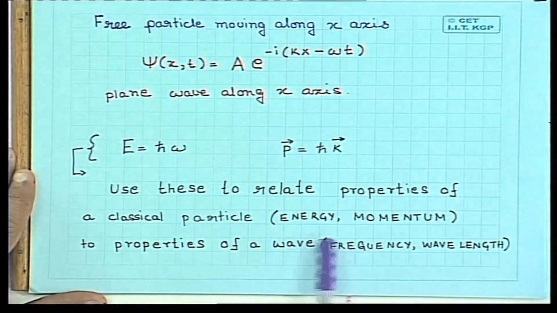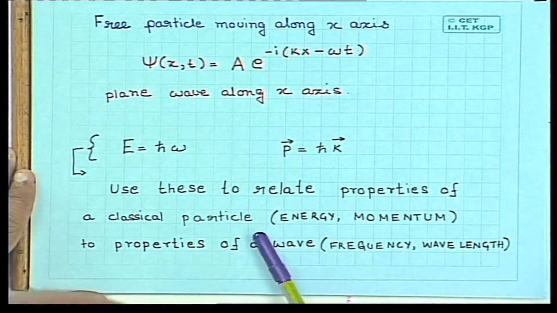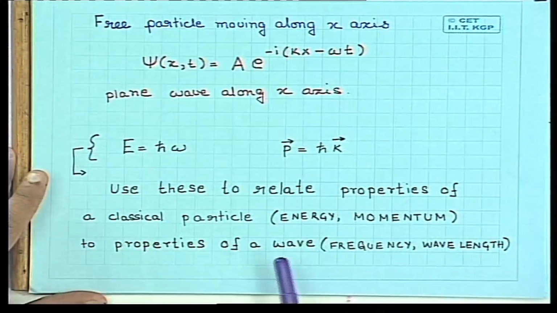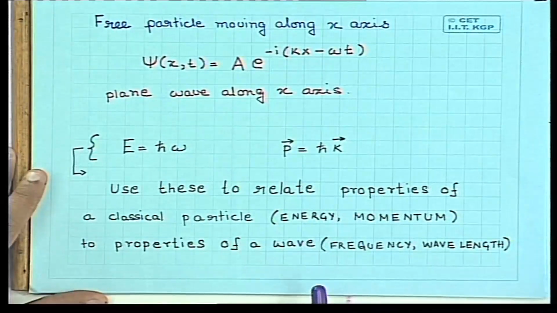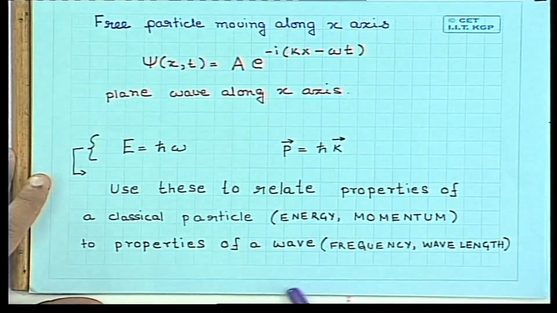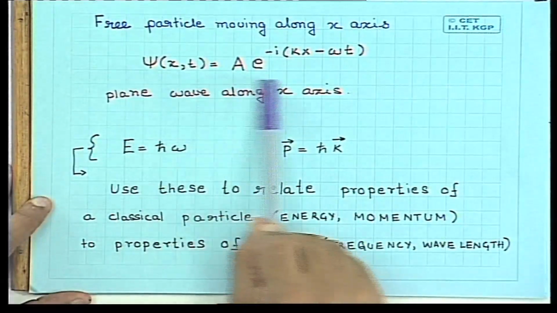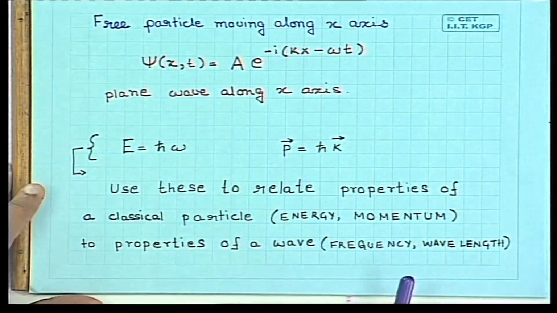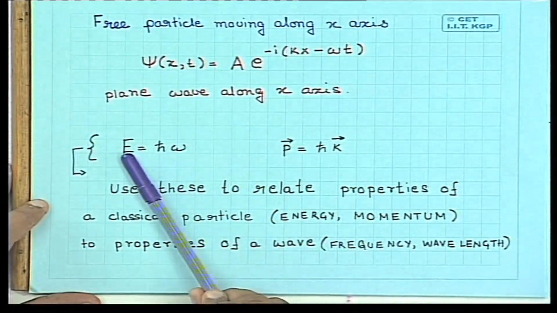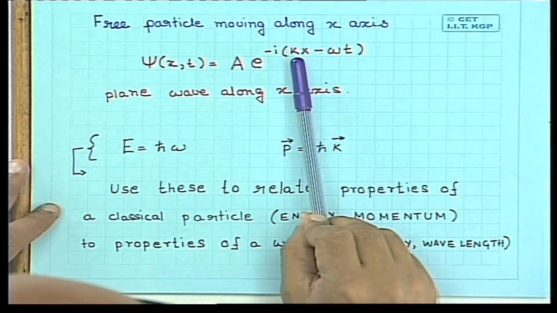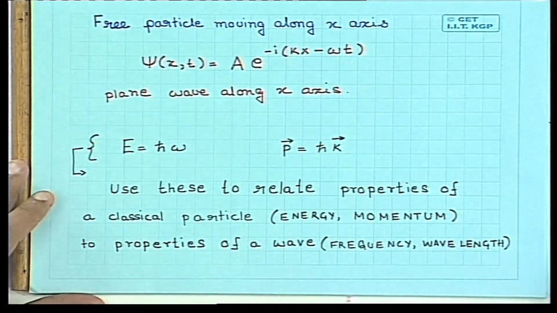So we can relate the energy of the electron to the frequency of the wave, and we can relate the momentum of the electron to the wave vector or the wavelength of the wave. So this wave describes an electron with a known energy and momentum, and it has got a fixed wave vector and a frequency.